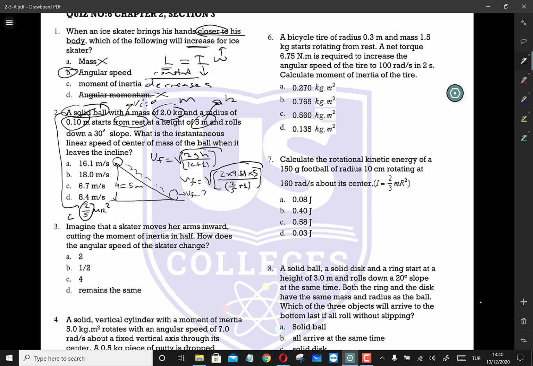The answer is 8.37. So V final is equal to 8.37 meters per second. Rounded, it becomes 8.4. The answer is D.